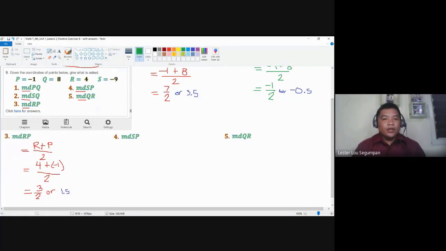Just like in number 4, you have S plus P all over 2. S is negative 9, P is negative 1, all over 2. Negative 9 plus negative 1 is negative 10 all over 2, which is equal to negative 5.